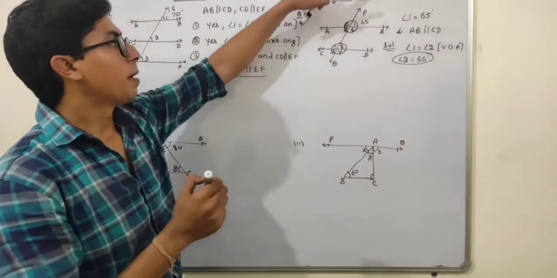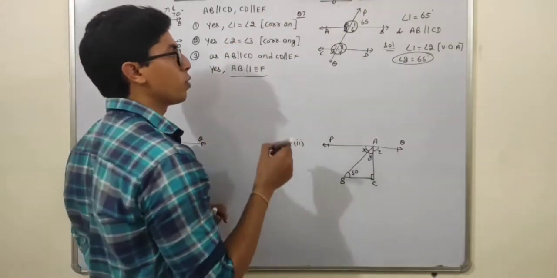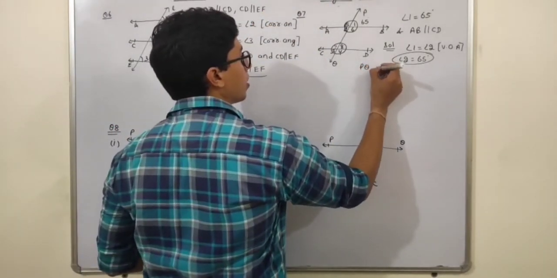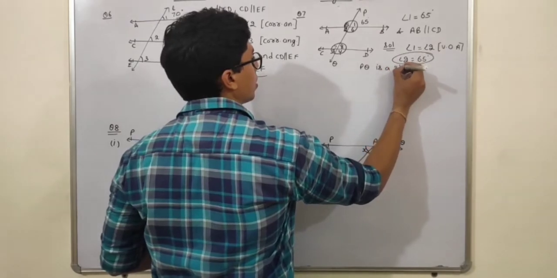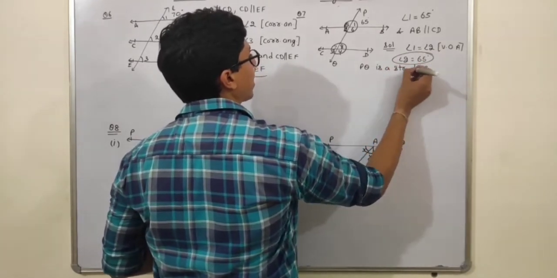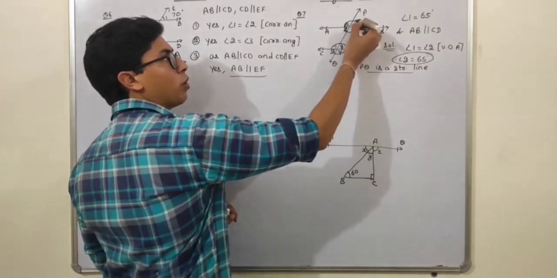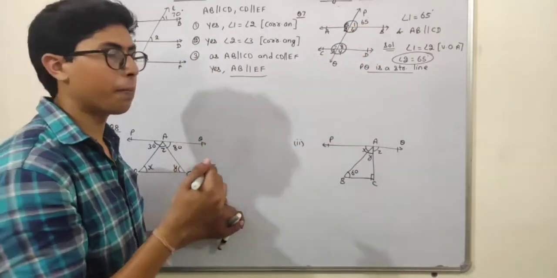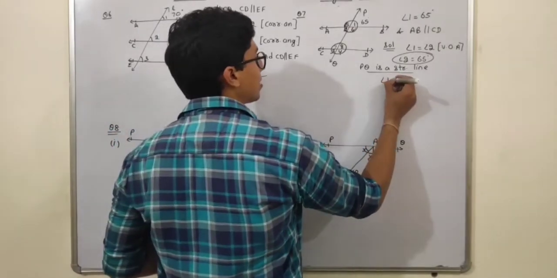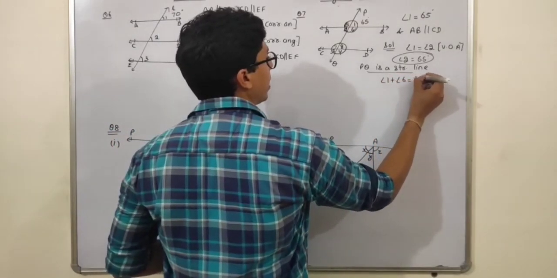Now students, see, PQ is a straight line. So if this is a straight line, then the angles will add up to 180 degrees because of linear pair. So angle 1 plus angle 6 will be 180 degrees.